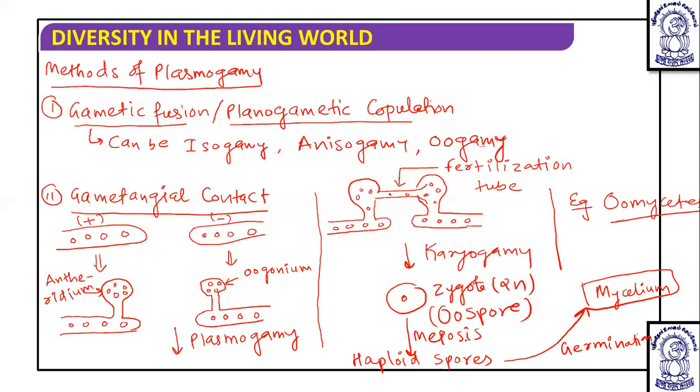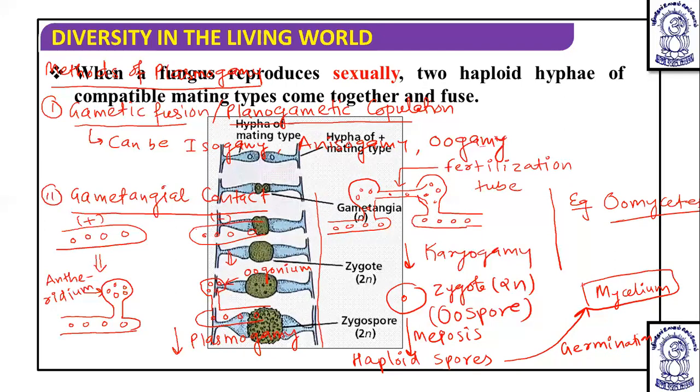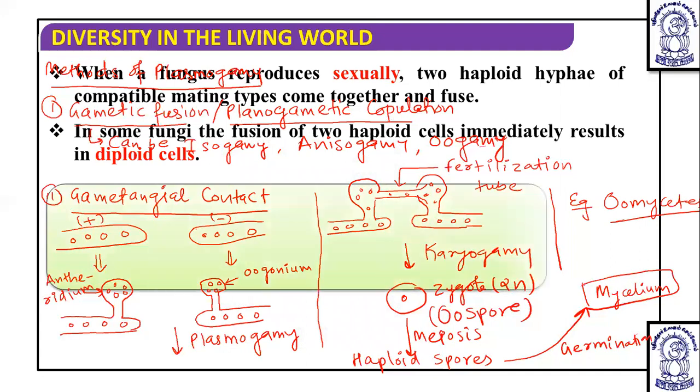Next to that, the third type of plasmogamy that we are going to discuss is gametangial copulation.